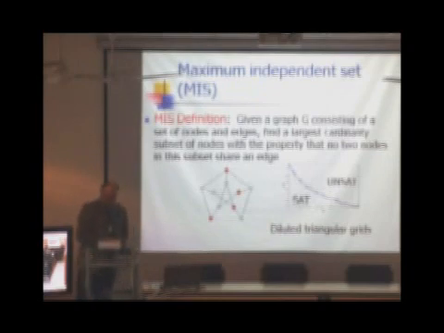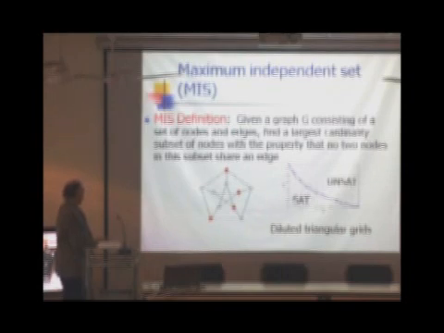So here's a picture of the maximum independent set for a simple graph. So these red sites here don't share an edge. So in that sense, the red sites are independent. I challenge you to see if you can find a larger independent set.